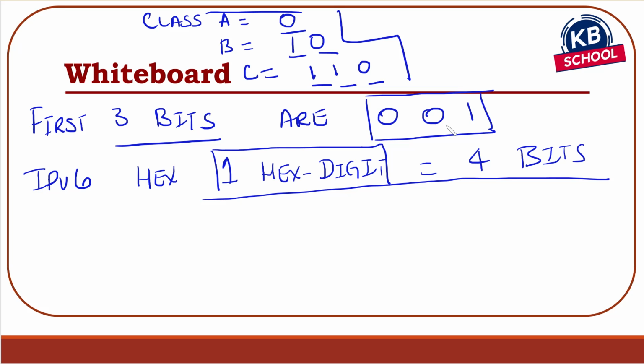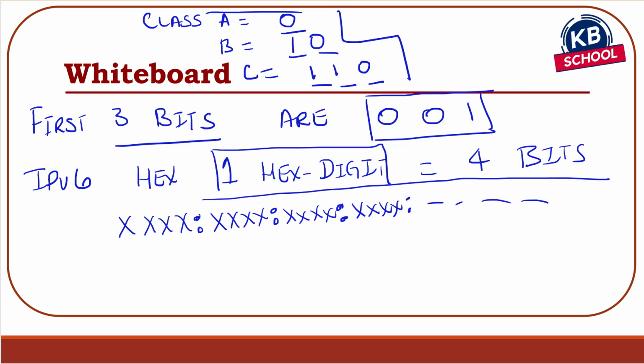So if I take a look at the first hex digit of a number like x, x, x, x, colon, and so on and so forth, the digit in question is just this first digit, because it is equivalent to 4 bits, and I'm saying the first 3 bits are 0, 0, 1.